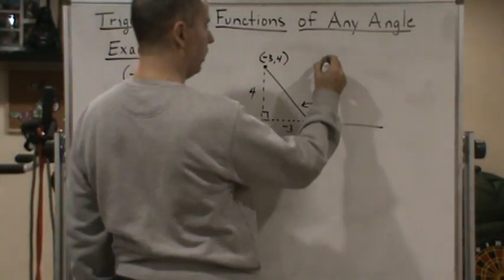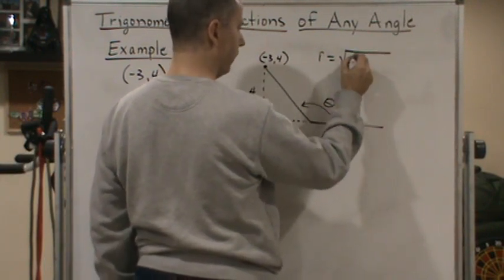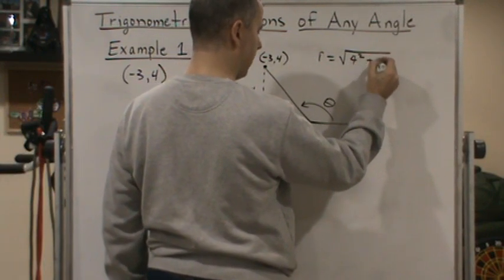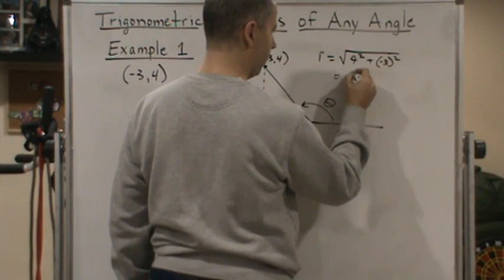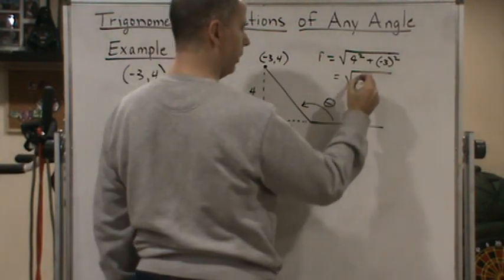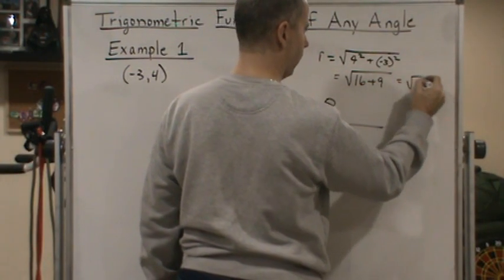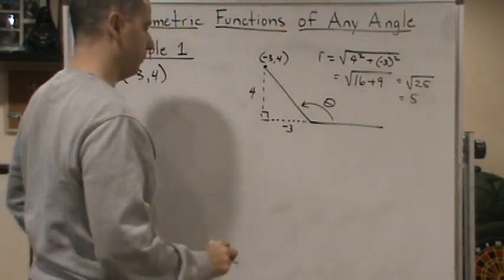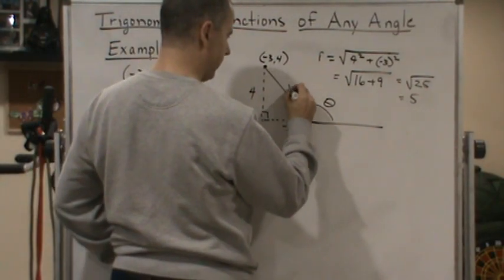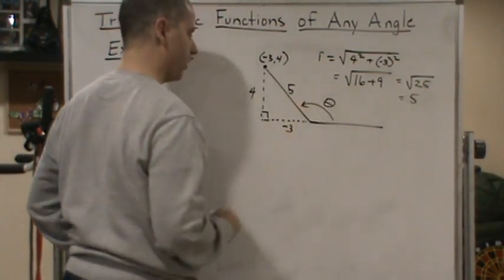And of course, we can use r is equal to the square root of what? 4 squared plus -3 squared, which is going to equal the square root of 16 plus 9, or the square root of 25, which equals 5. So the hypotenuse here is going to be 5.